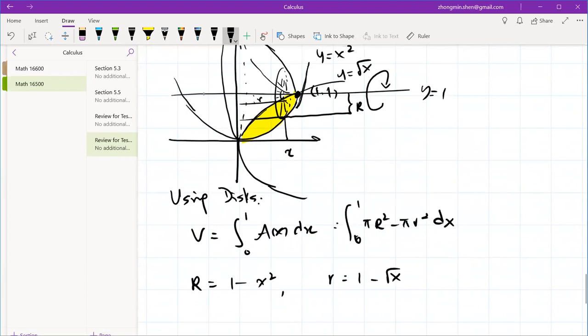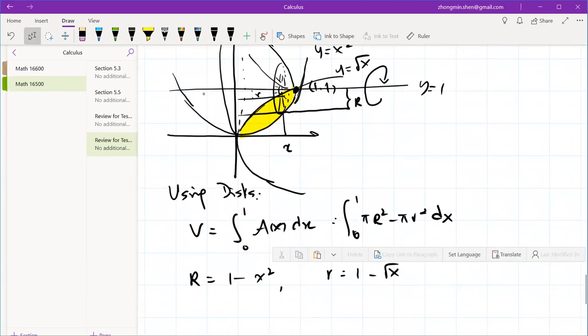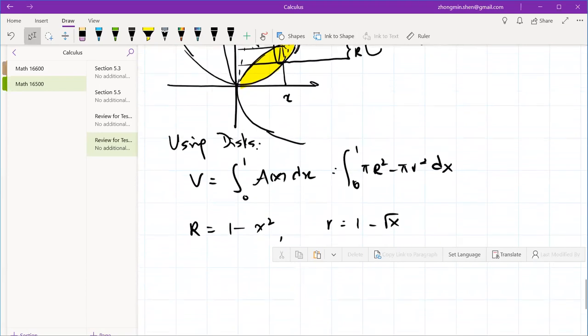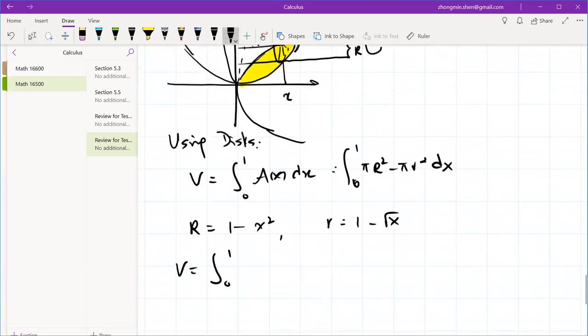Okay, which is 1 minus square root of x, that gives the radius of the smaller disk. Right, so now you can put it in. Okay, that's it.